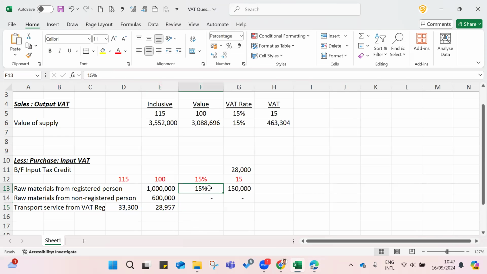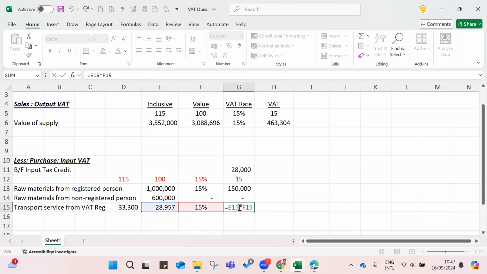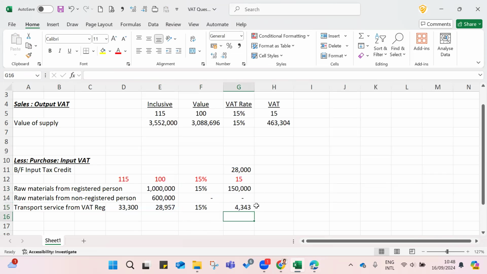Then the applicable VAT rate for inputs also, assuming that the applicable rate is 15%, this much you will get as VAT input paid for transport service obtained from a VAT registered person. Since it is inclusive, you need to identify it as 115. It includes the VAT component, and once you remove the VAT component, this is the figure. Once you add this one, you will end up with 33,300, right?